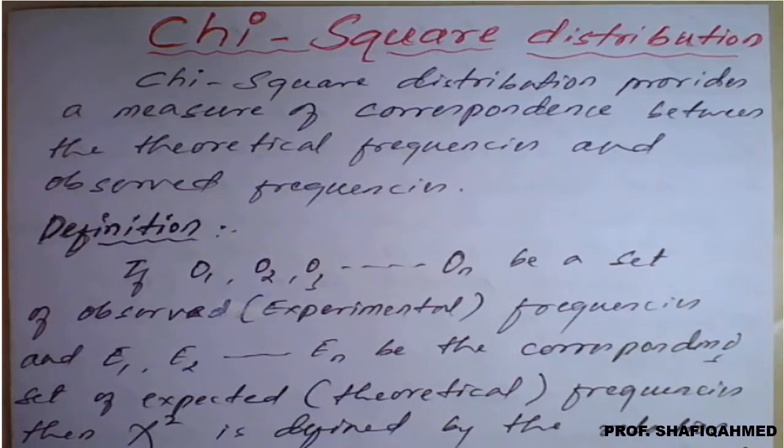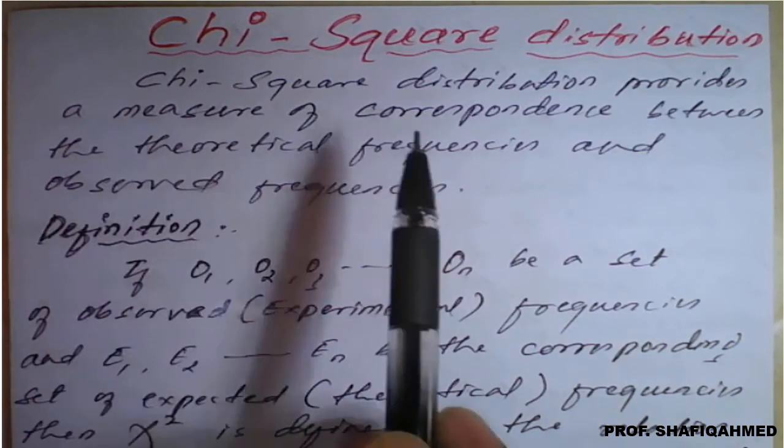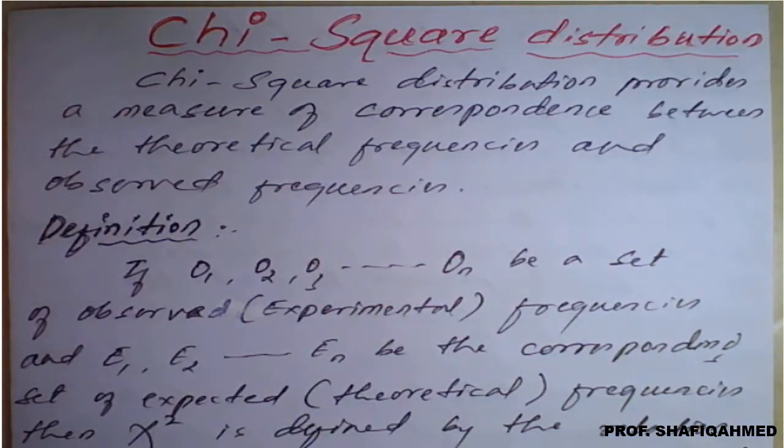In today's class we'll see chi-square distribution. This chi-square distribution comes under sampling for small samples, less than 30.